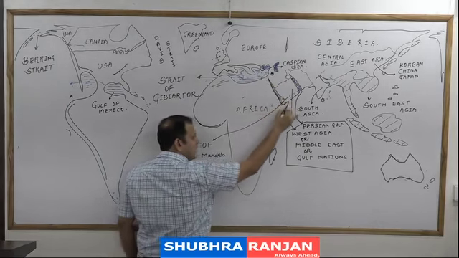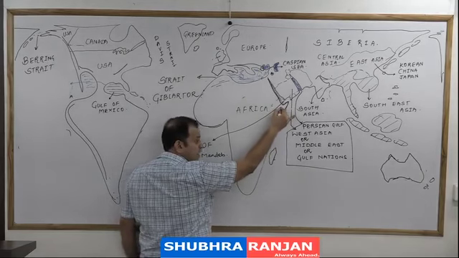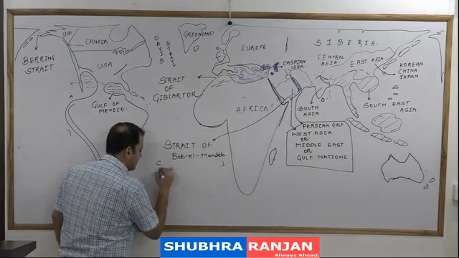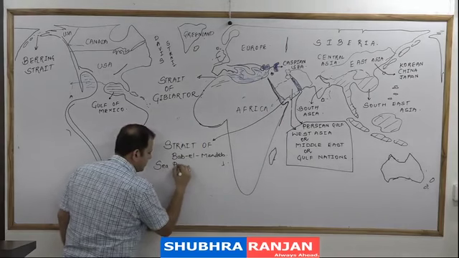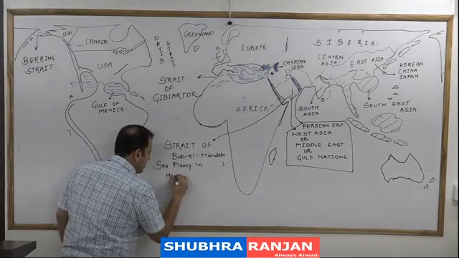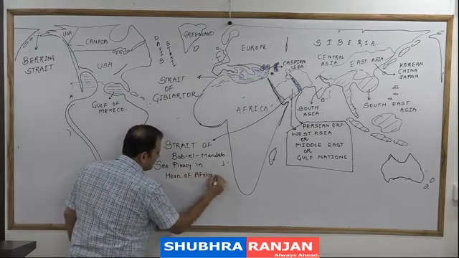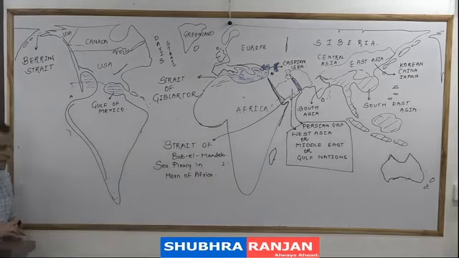It is this way in shape, and therefore this part of Africa is known as Horn of Africa. Sea piracy in the Horn of Africa.